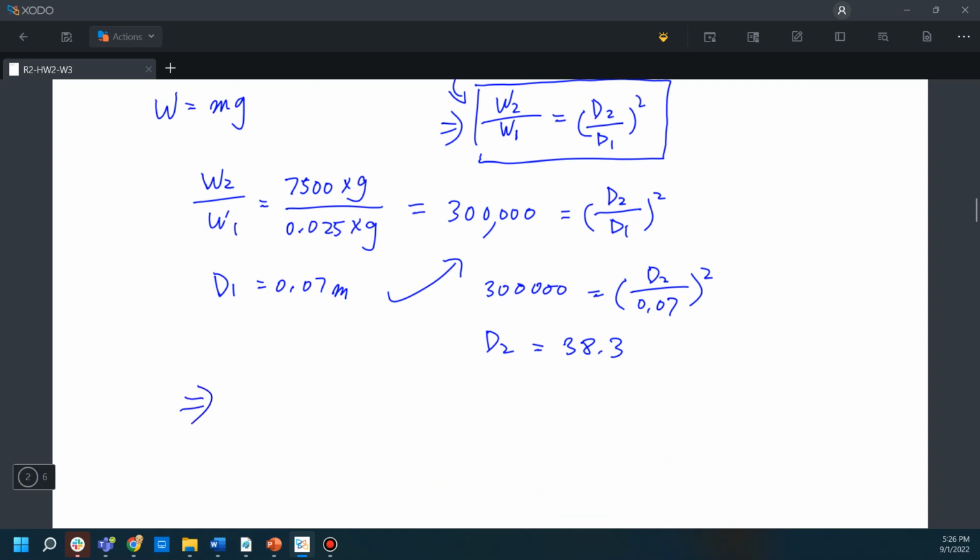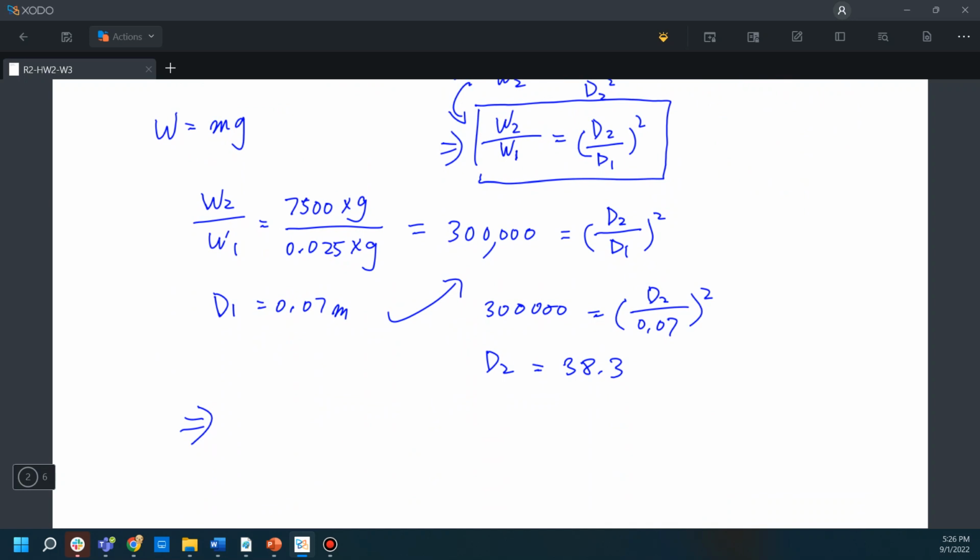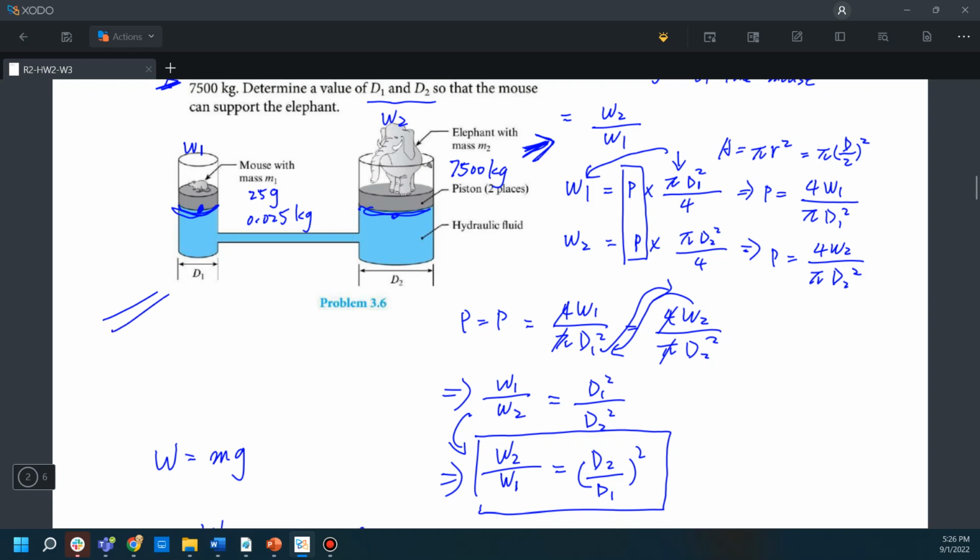Okay. So we can conclude that with this mechanical advantage equation that we just derived, any D1, D2 that satisfy the ratio of D2 over D1 squared equal to 3,100 will satisfy this condition.